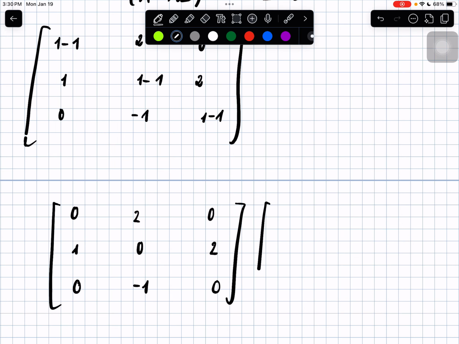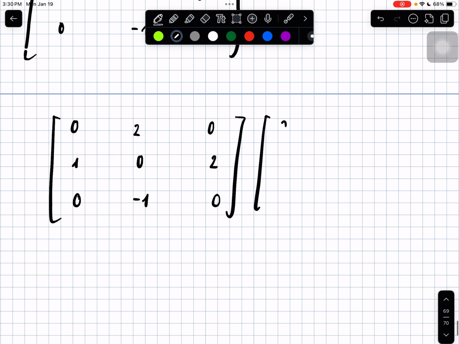Times V, let's say for the moment (a, b, c), equals 0.